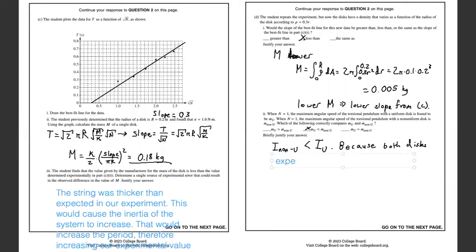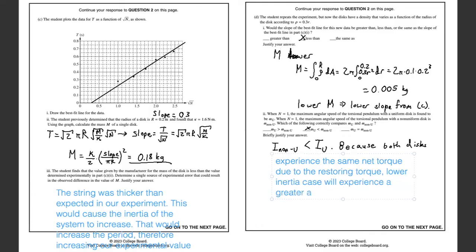Because both disks experience the same net torque, due to the restoring torque from the torsion, you would expect that the lower inertia case will experience a greater angular acceleration and therefore a greater maximum angular speed.